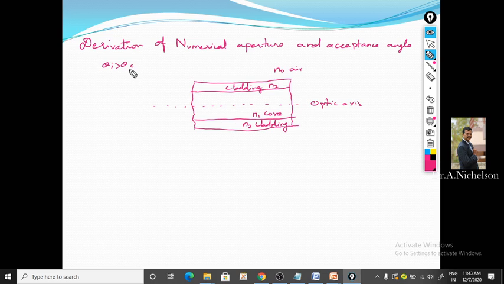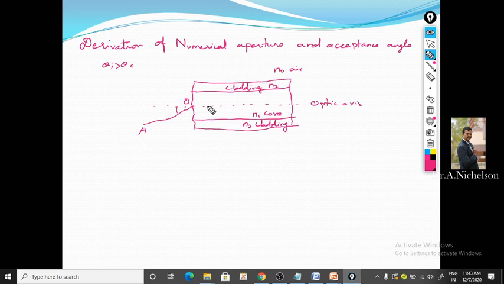So now consider a ray that is entering into the optical fiber, and consider it as AO. The angle made by this ray with respect to the optic axis is theta I, the angle of incidence.